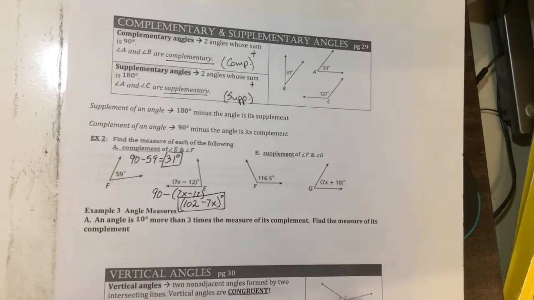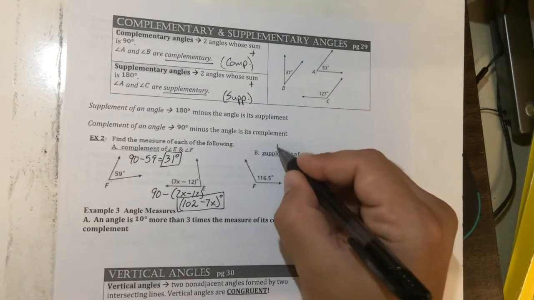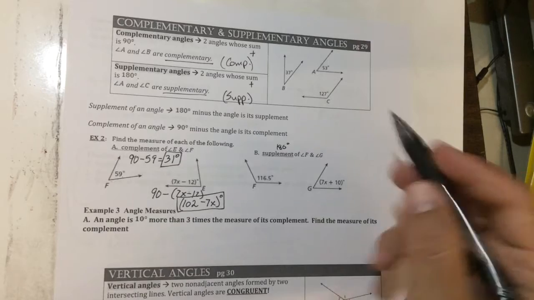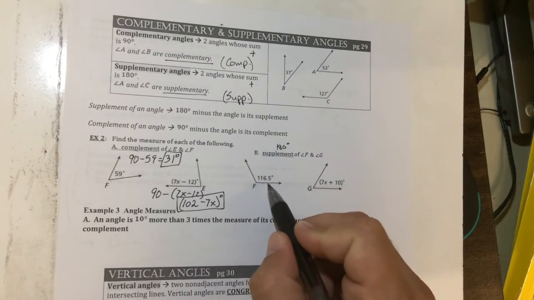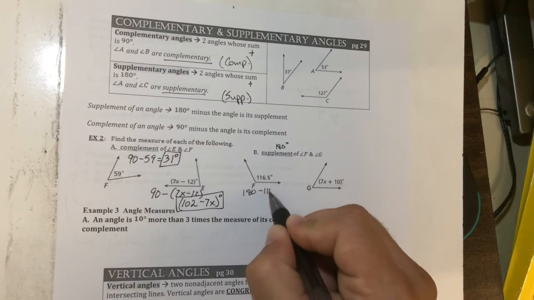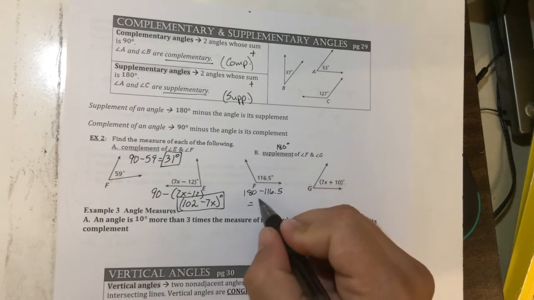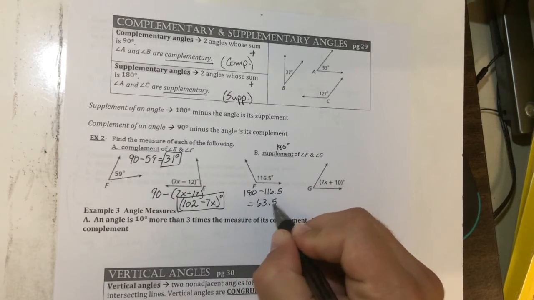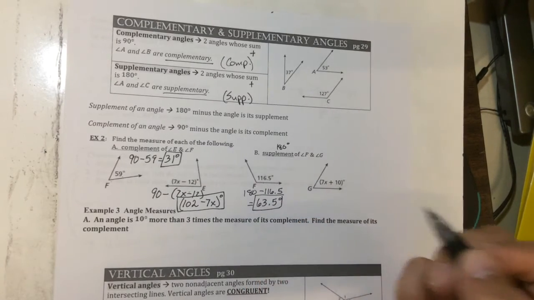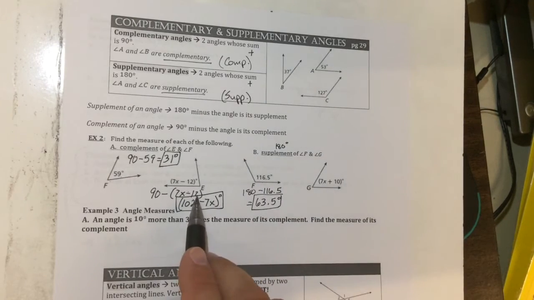Okay? On part B, for a supplement of these angles, we're going to use 180 instead of 90. So we're going to do 180 minus 116.5 to find the supplement of angle F. And that gives us 63.5 degrees. And on this one, we're going to do something similar to angle E over here.